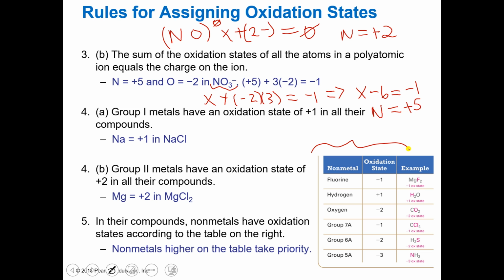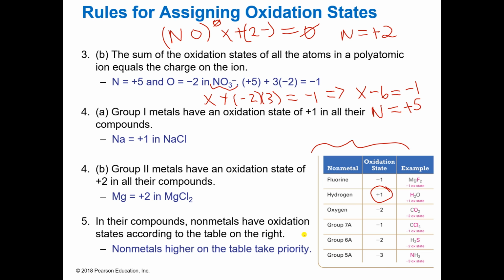Fluorine, all the halogens, the group 17, they're all going to have a -1. Hydrogen is usually +1, but there are times that it can be -1. Okay, again, it's just going to depend on what it's in, what it's bonded to. And then finally, in their compounds, nonmetals have an oxidation state according to the table on the right.